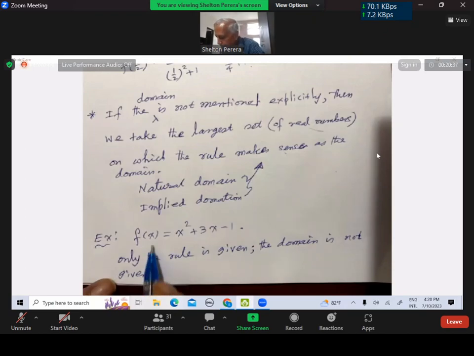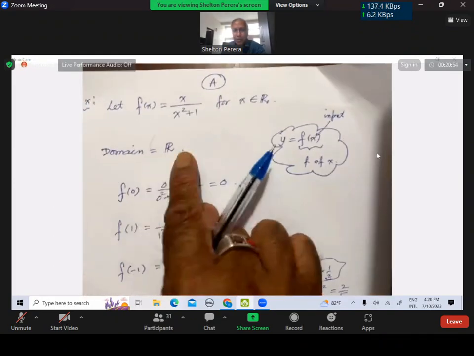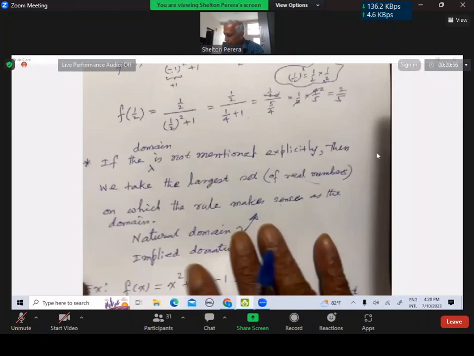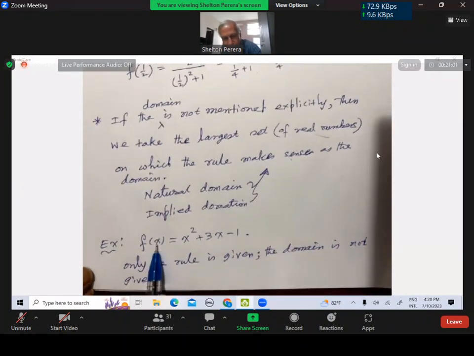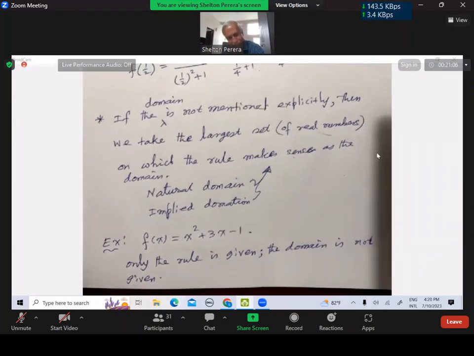You input any real number, that is the largest set. For any function, we are considering only functions with domains as subsets of real numbers or the real number system itself. Here, if you input any real number, maybe 0, 1, square root 2, minus 5, whatever, you get the output as a real number also.